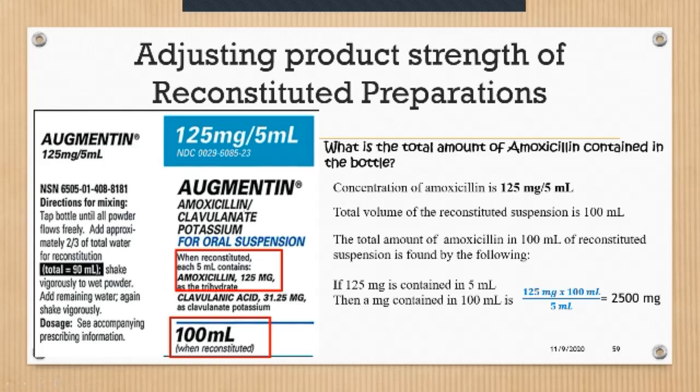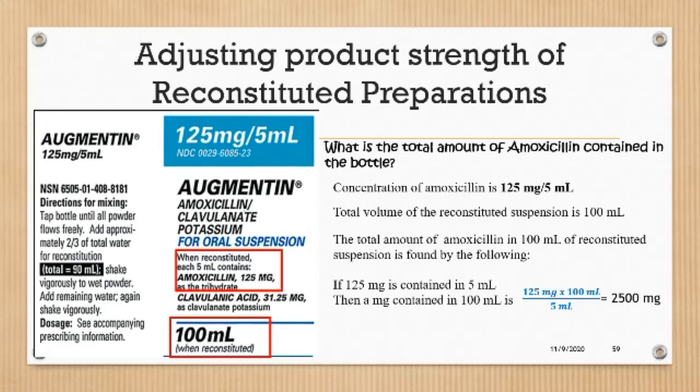As a matter of fact, even before you reconstitute, that amoxicillin is found in the powder. 2,500 milligrams of amoxicillin will be in the powder. But I need to hasten to say that the powder that you're seeing in the bottle before you reconstitute it is not only amoxicillin. You have other things in there. Remember that the manufacturer would have made the suspension, then removed the water that is used to make the suspension.